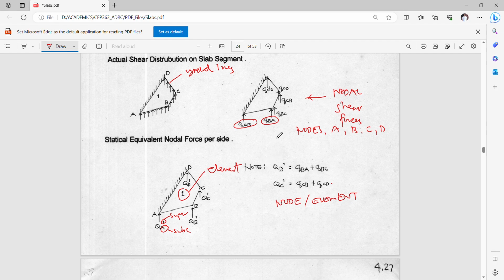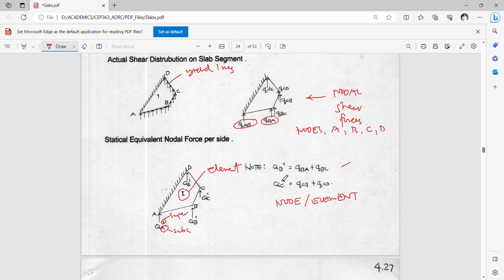So to relate these two types of description, we can say that QB1 here at node B is actually the sum of the two nodal force contributions of yield lines AB and BC, QBA and QBC. So these are now the equivalent of this type of description to this type of description.